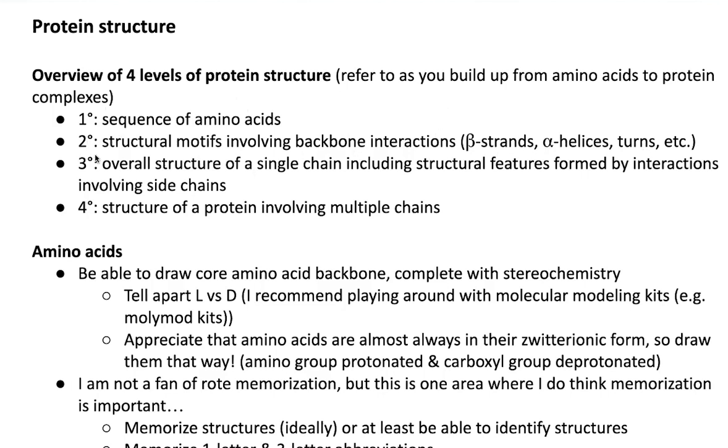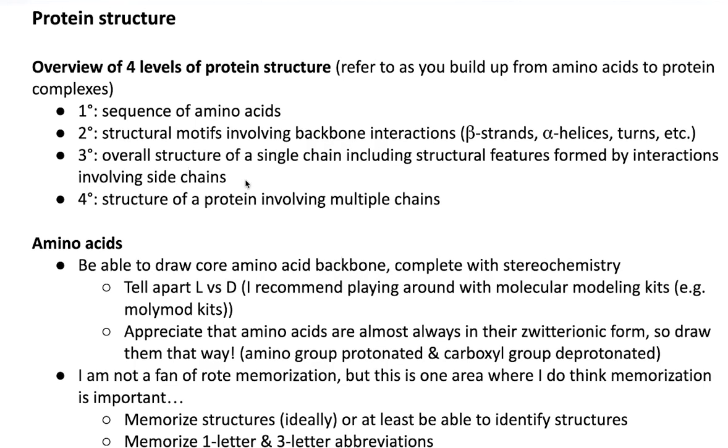Tertiary structure is the overall structure of a single chain, including structural features formed by interactions involving side chains. And then quaternary structure, which not all proteins have, is a protein that involves multiple chains.